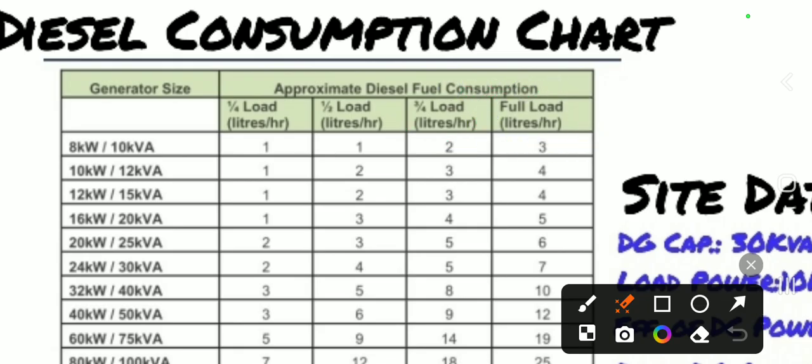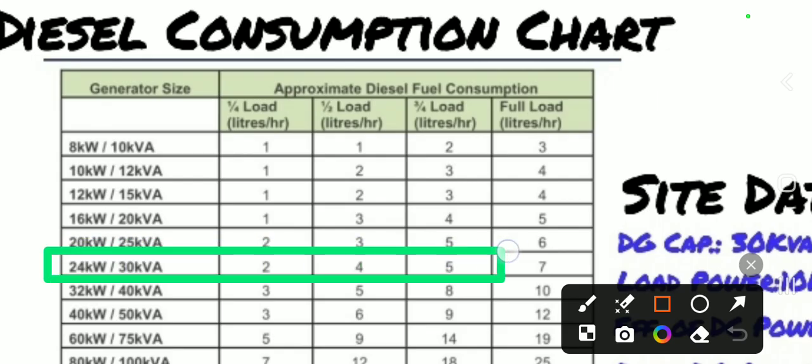Take, for example, the row where we have 2430 kVA. If we load this generator at 1/4, which is 25%, the consumption will be 2 liters per hour.